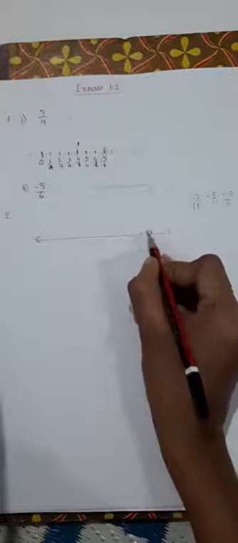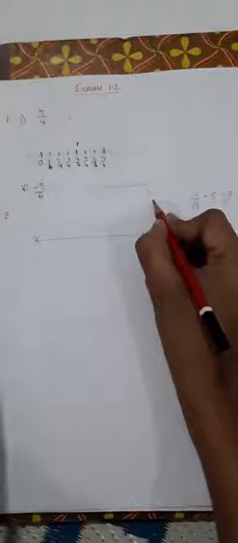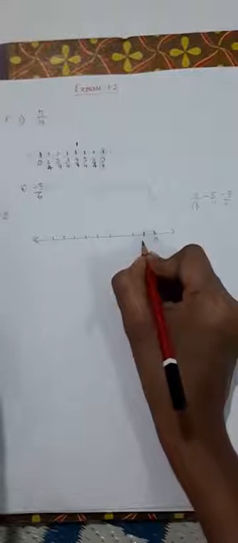Here we will make 9 equal parts, each of distance 1 by 11. 1, 2, 3, 4, 5, 6, 7, 8, 9. So here we are making a distance of 1 by 11 each.